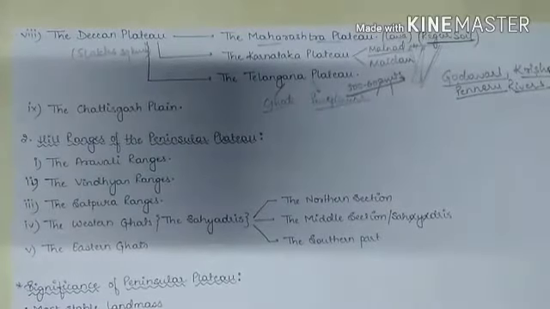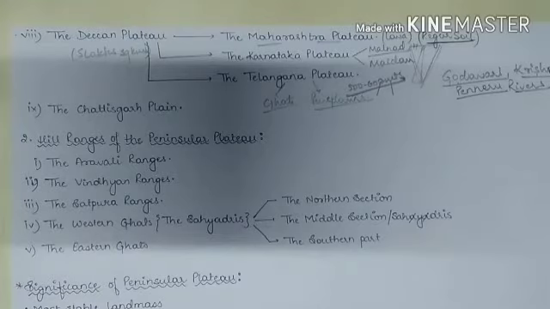Now lastly in plateaus we have the Chhattisgarh plain. It is the only plain in the vast stretch of plateau. It is a saucer-shaped depression drained by the upper Mahanadi, and the whole basin lies between the Maikal ranges and the Odisha hills.